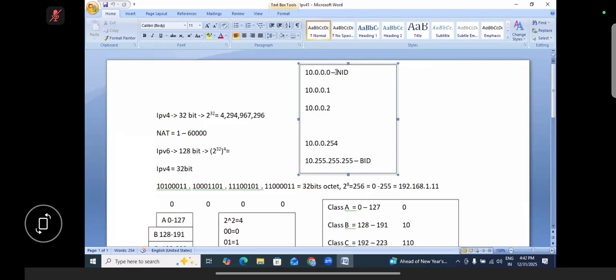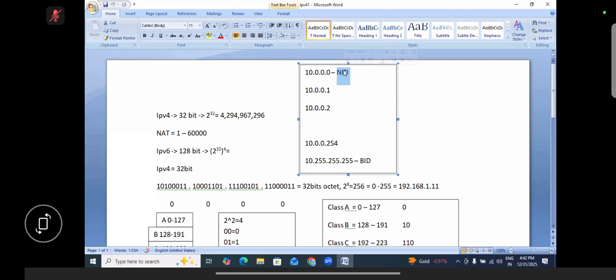Always one chair for admin, one chair for faculty, remaining chairs for you. In the same way, this is network ID. We are not going to assign the network ID to a host. You people are hosts. I'm not a host. I'm a broadcast ID. What is he doing? He is the admin. So got it, guys?